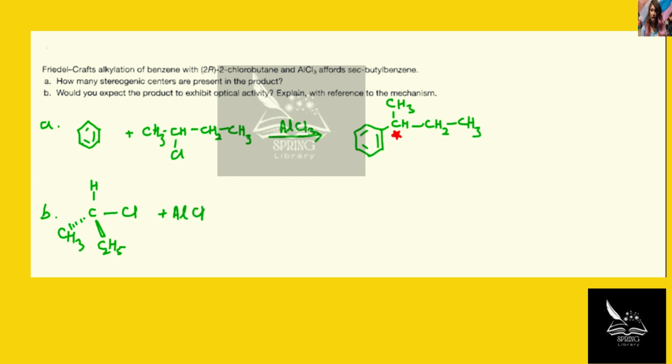Aluminum chloride is electron deficient, so chlorine is giving its electron pair to aluminum.